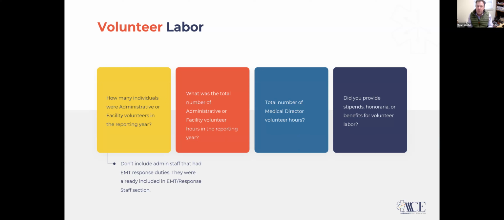So for example, you may not compensate your volunteers in the form of wages, but you may pay their filing fees with the state to maintain their EMS licensures. They will ask you later on about licensing and registration fees, and you can report it there. But if you reported the stipend, the license fees you paid on behalf of your volunteers here, you just want to make sure that you don't also report it later on in the tool. So this goes back to the, just be mindful of the potential for double counting and try and guard against it.